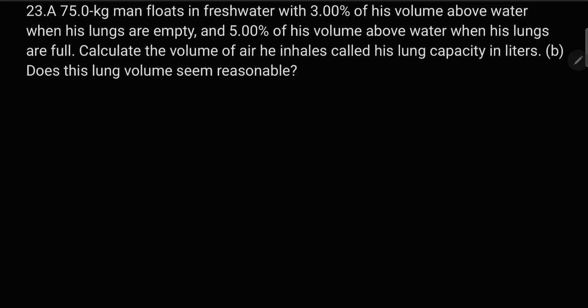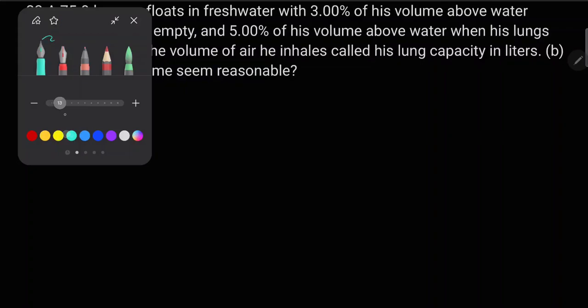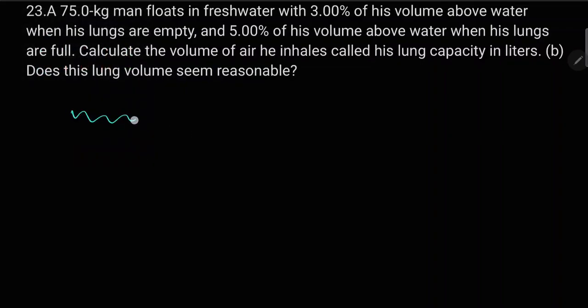Question number 23. A 75 kilogram man floats in fresh water. So let's do it like this. Let's consider fresh water, and here the man is swimming, floating in fresh water with 3% of his volume above the water, which means volume of displaced fluid is equal to 3% above the water.